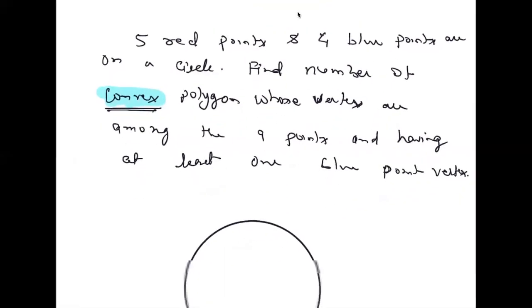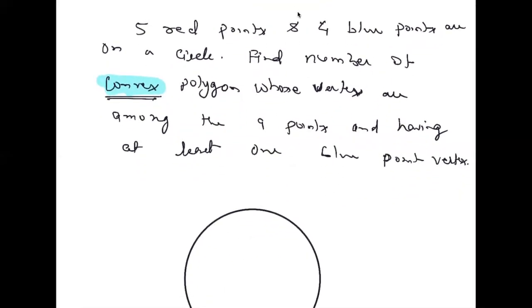In the convex one, 4 blue points and 5 red points are given, and we have to make a convex polygon. A convex polygon starts with a triangle and goes up to all 9 points, the nonagon, right? So maximum 3 minutes for this question, then I'll start.